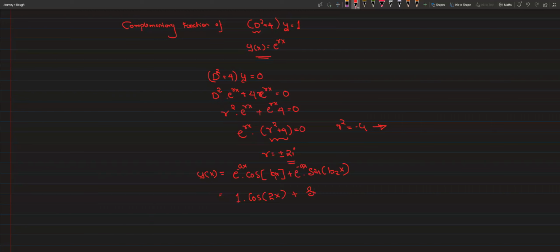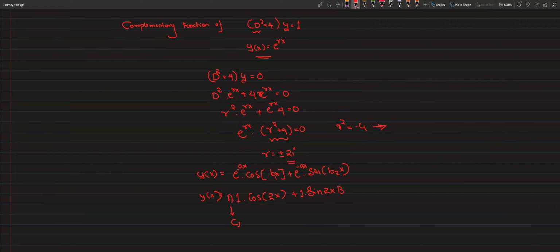plus sin 2x, and we also will have the integral constants a and b. From the solution, they have given c1 and c2 instead of a and b, in option 3.